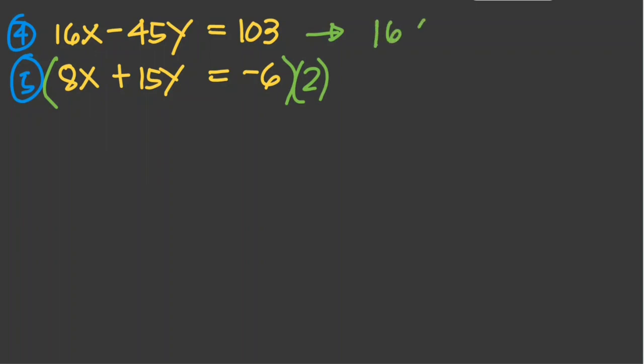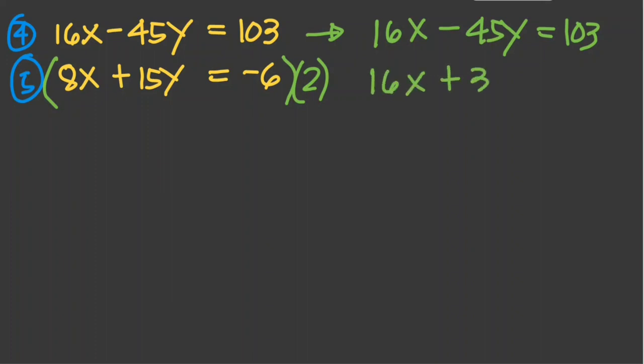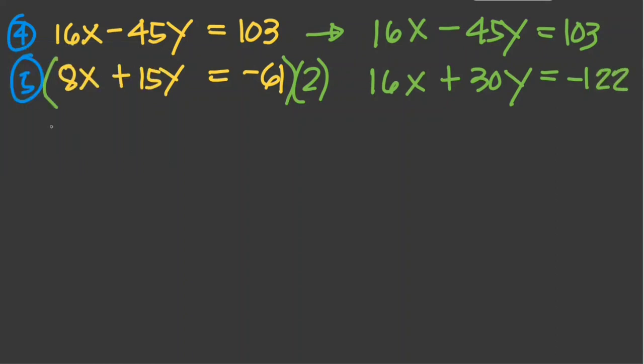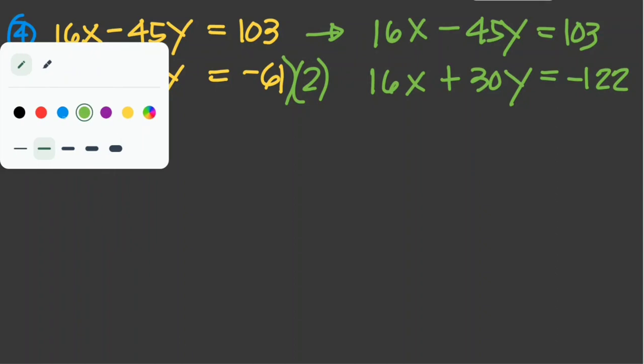So equation 4 stays 16x minus 45y equals 103. The fifth equation would become 16x plus 30y equals negative 122.